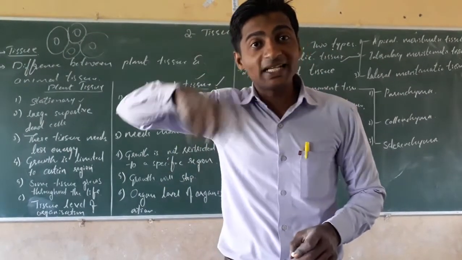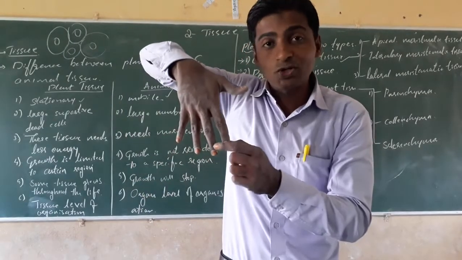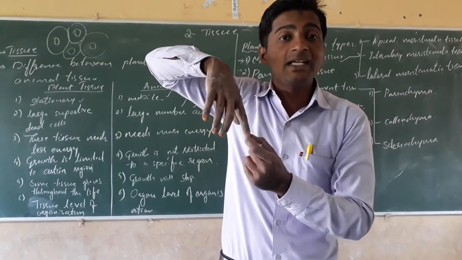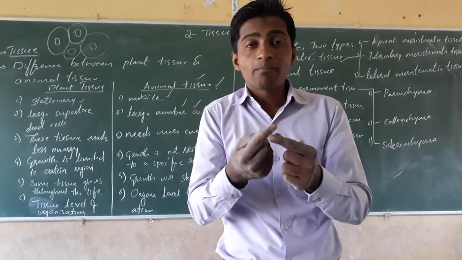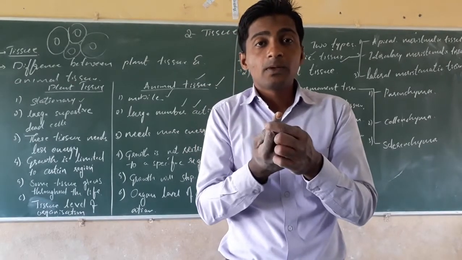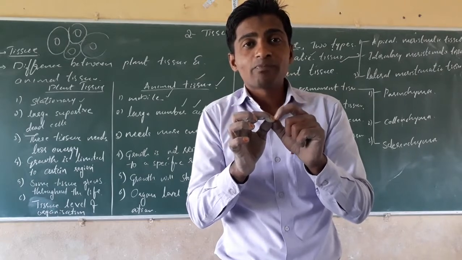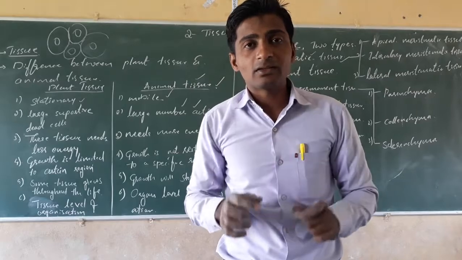Aerial roots means roots which are present in the air. The tip of the aerial roots of the banana tree, or the tip of the roots of the onion, is very minute. You can pinch it with a finger.